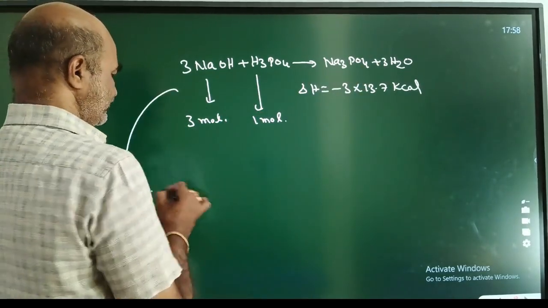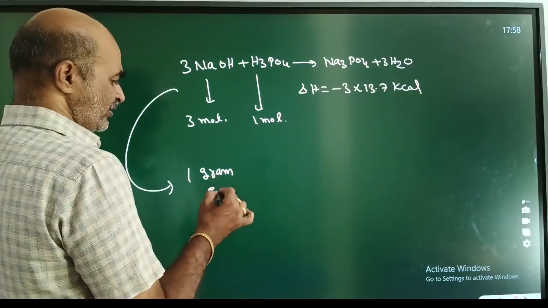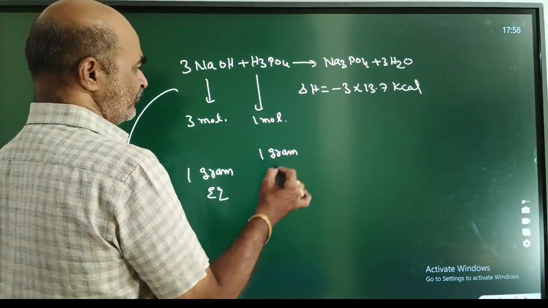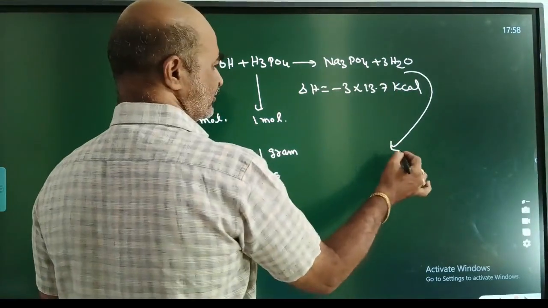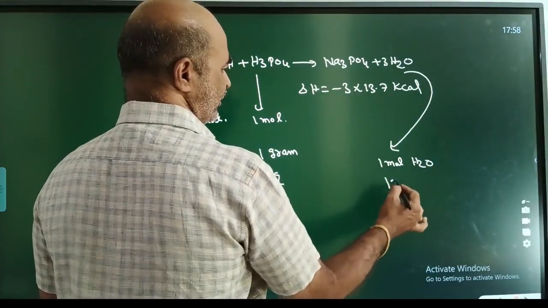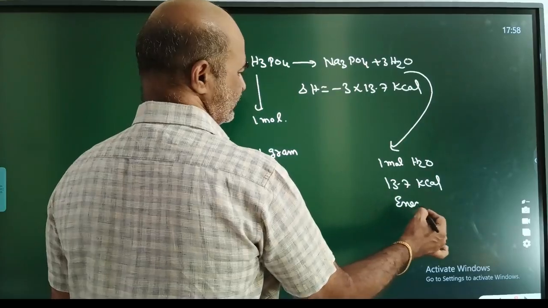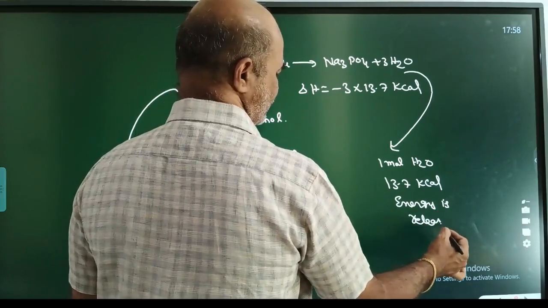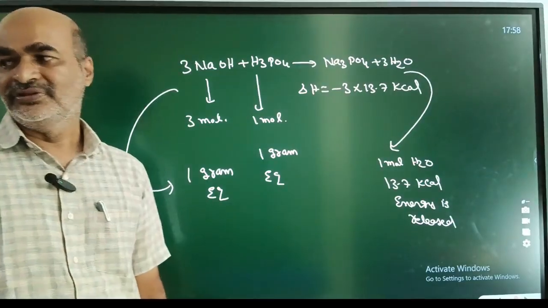If you take 1 gram equivalent of NaOH and 1 gram equivalent of phosphoric acid, you get 1 mole of water, and the energy released is 13.7 kilocalories. Have you observed the difference?